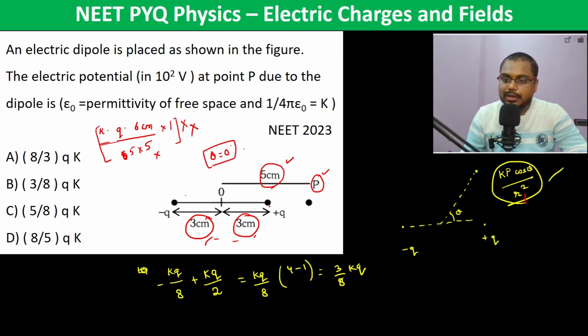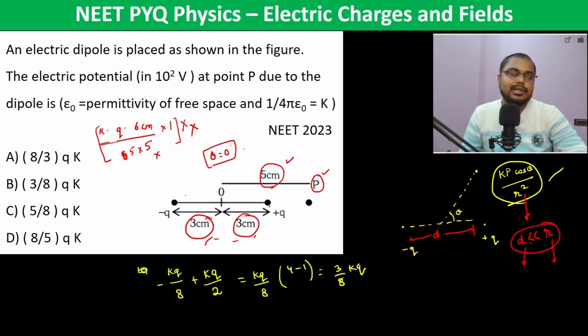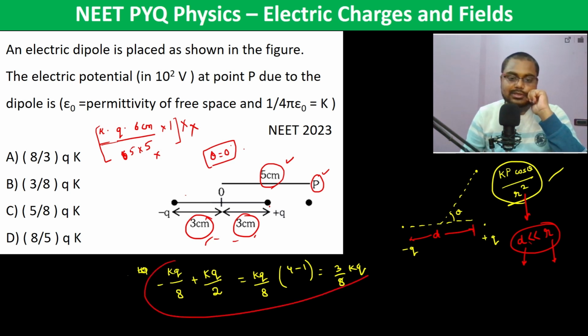It is only used when d is much less than r, where d is the distance between the two charges and r is the distance of the point from the center of the dipole. Therefore we have to use the exact formula, as both are quite comparable. So the answer is going to be B.